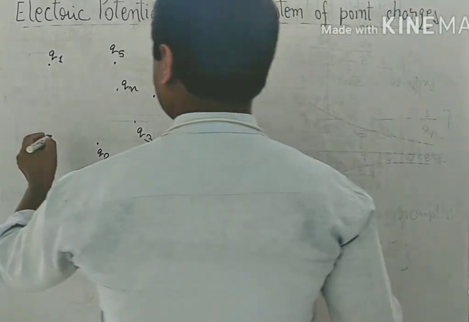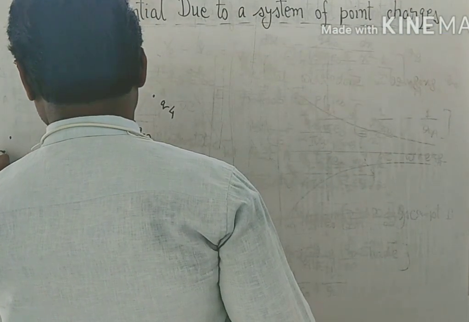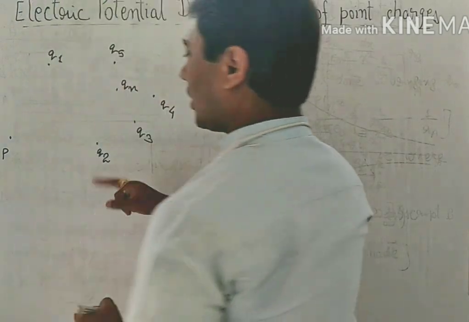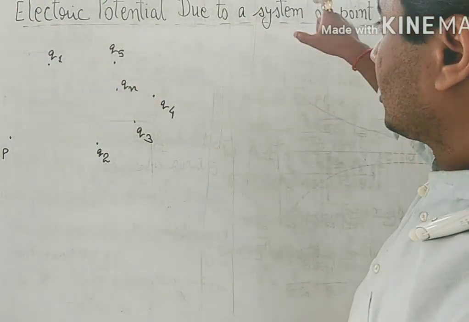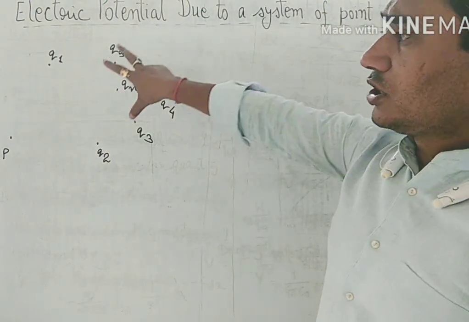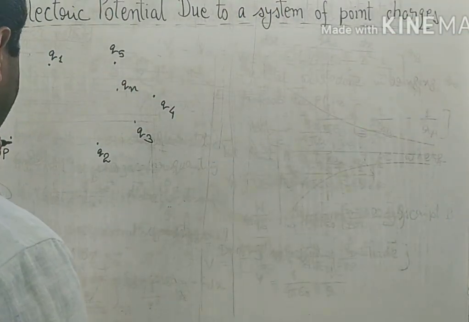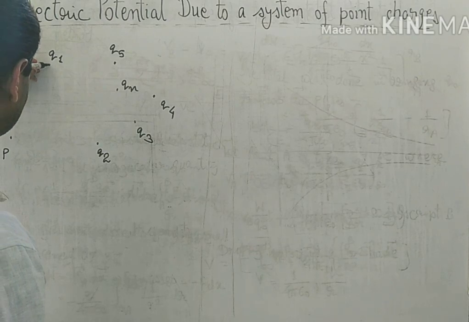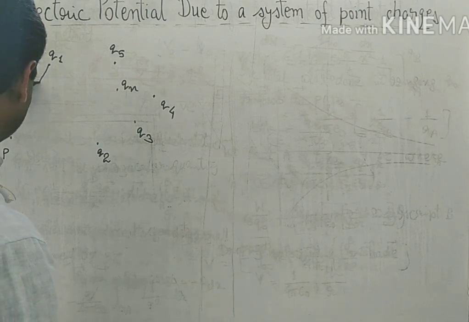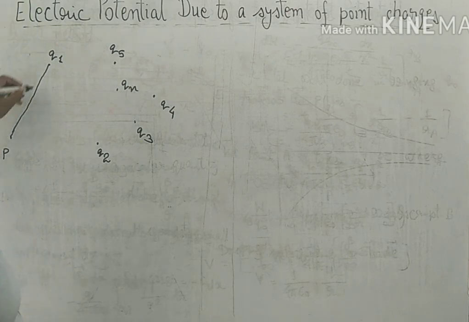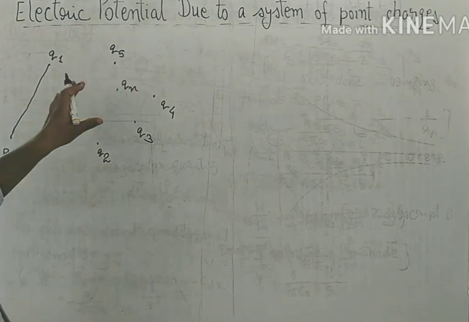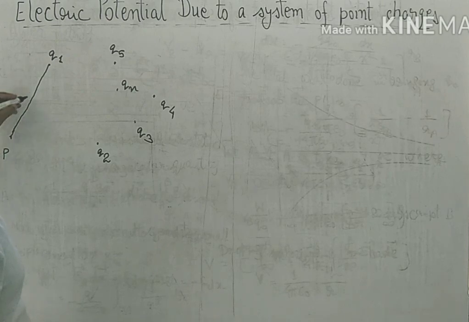Suppose we have this point here as P, at which we want to calculate the electric potential due to this assembly. Here we must first have the distance of this test point from individual charges. For that reason I am joining this point to every charge forming the assembly. Let this be R1P.